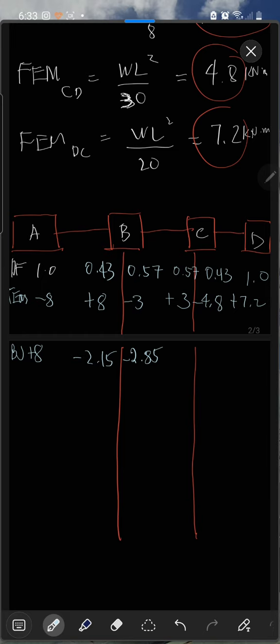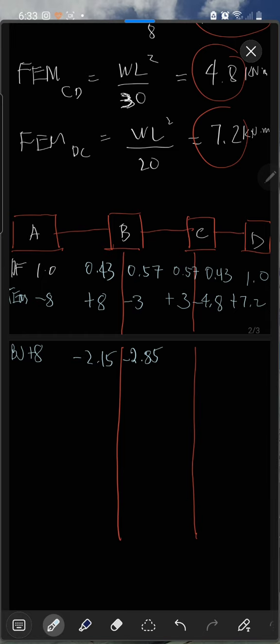Then still add nimo ang 3 minus 4.8. Negative 1.8 multiply by 0.57. So we have negative 1.03.